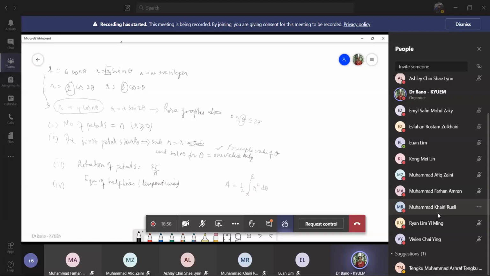So this formula will be used, where you have to see where the starting of the petal is, what is the value of theta, and what is the end value. So theta is equal to alpha and theta is equal to beta. This will be determined by the tangential lines. To find the equation of tangential lines, we substitute r equal to 0 and solve for theta.